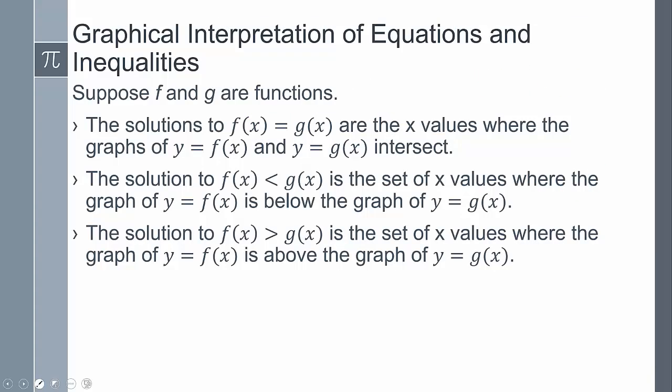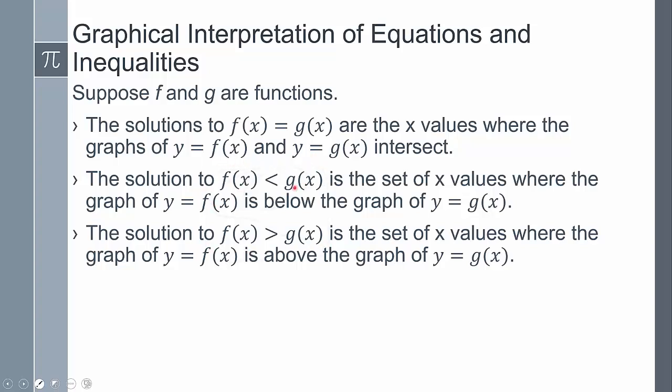But now we're going to move into the graphical interpretation of these inequalities. We're used to where one function equals another function, and that is where our functions intersect. We've spent time going through that graphically and examining where those functions intersect. But now we're going to be adding these two elements to it.